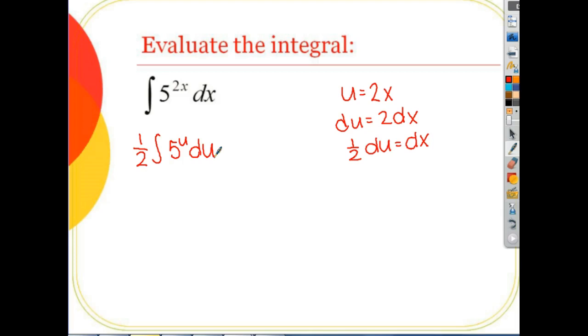So think backwards to what our rule was for a to the u in terms of derivatives.